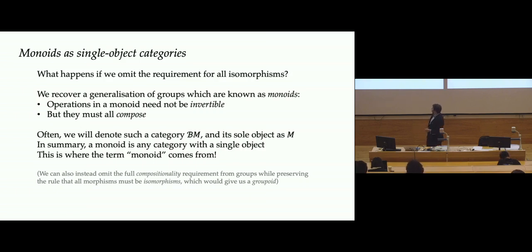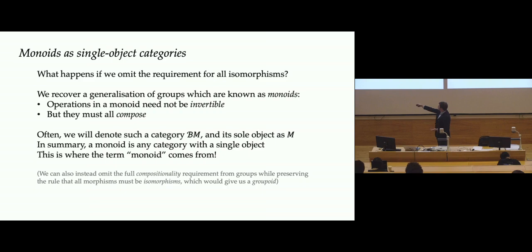And this is actually a very popular construct for dealing with repeated algorithmic computation, because steps of an algorithm, if it's kind of one automaton, must always compose with each other. But sometimes an algorithm might make irreversible steps, and you won't be able to revert what you have done. So this kind of monoid structure we often denote as a BM category, and its object is just M.